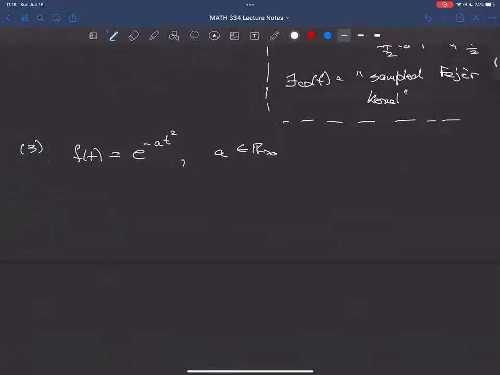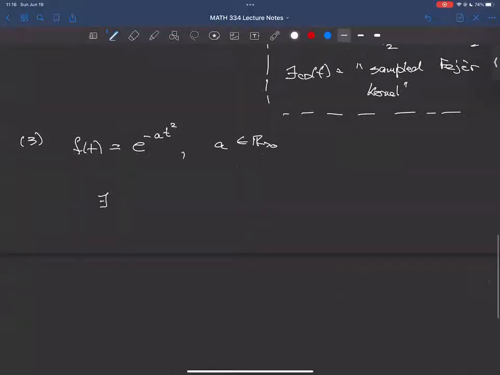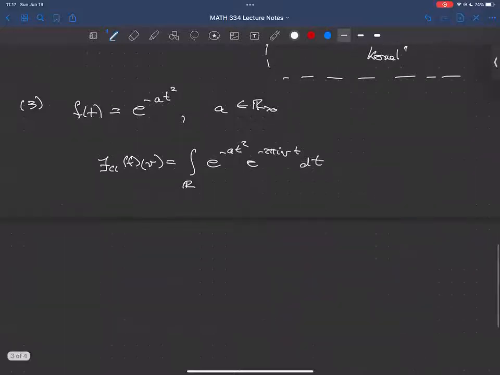Okay, so let's compute the CCFT of this Gaussian function. Right? And so just by definition, it's that.